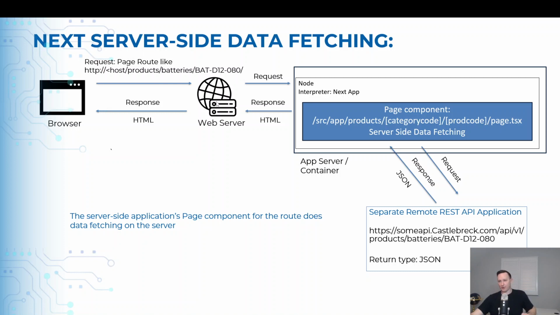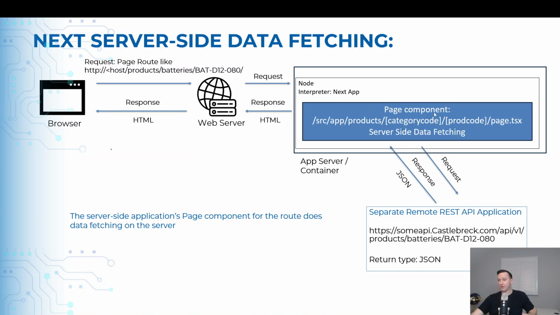That request goes from browser to web server, which proxies it to the node interpreter. The node interpreter realizes based on the route under the app router that it wants to run this page.tsx in /category code/prod code, those being in square brackets. It gets the parameters, packages them up, and our code does a request to the remote REST API, which receives those parameters and gives you back some JSON.